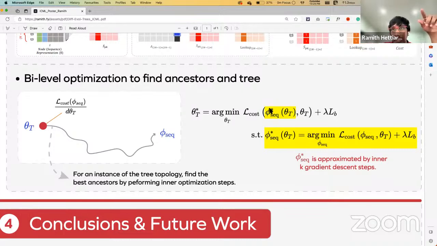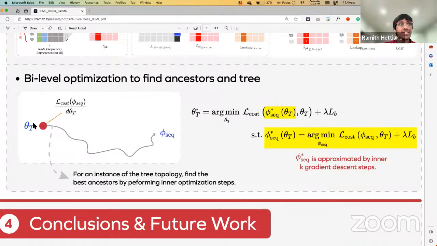And the best sequence parameters are also a function of the tree that's fixed at some point. So I have this inner optimization that runs for k gradient descent steps. When doing the gradient calculation through automatic differentiation, this entire thing is unrolled so that we can have a better direction for how theta t should be updated.